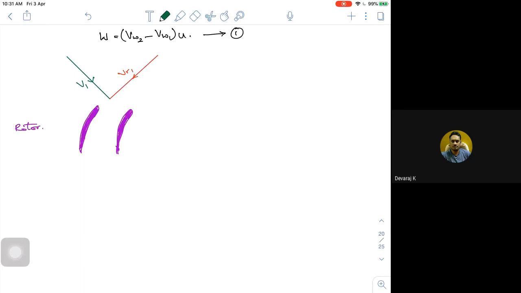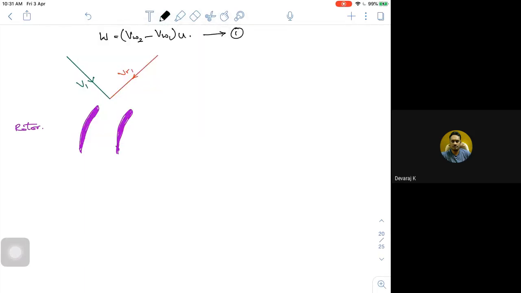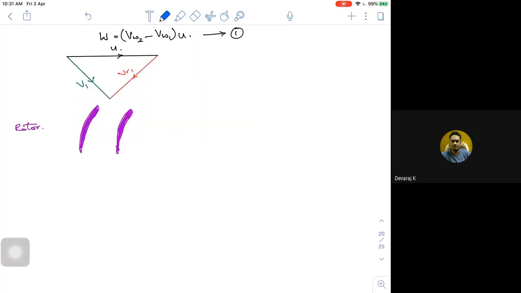This will be your corresponding U. So U1 is equal to U2, this being an axial flow machine. If I resolve the components of V1, this will be my VF1. VF1 is your axial flow velocity.